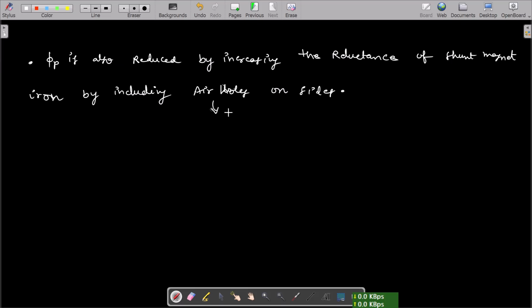Why? Because the relative permeability of air is less, so S equals L by mu 0 mu r into A. So this mu r is a lesser value, so reluctance will be more.